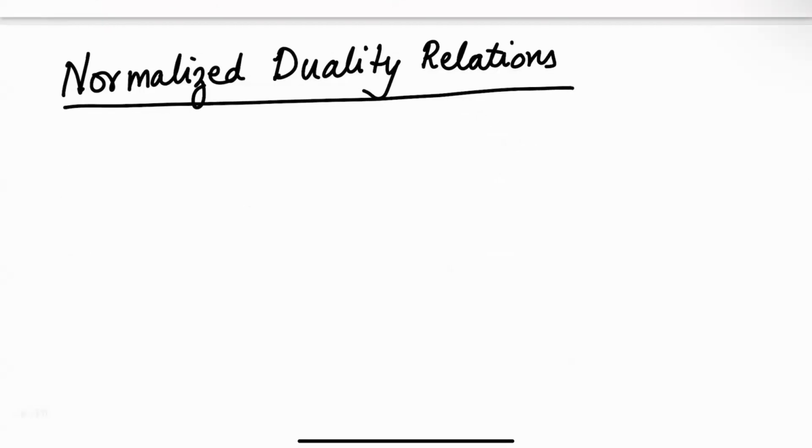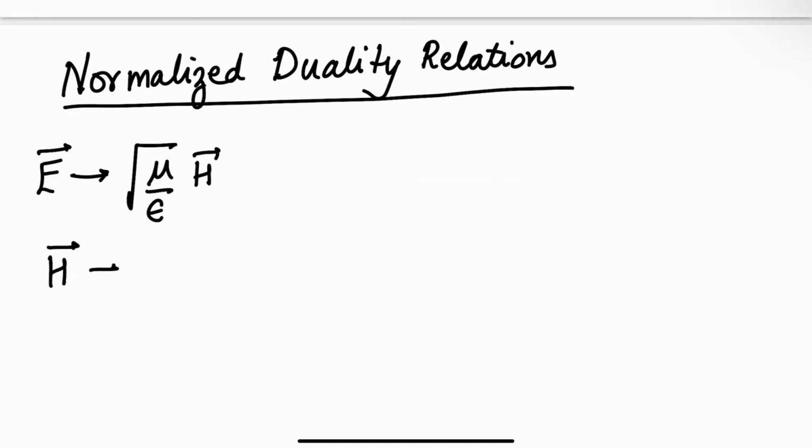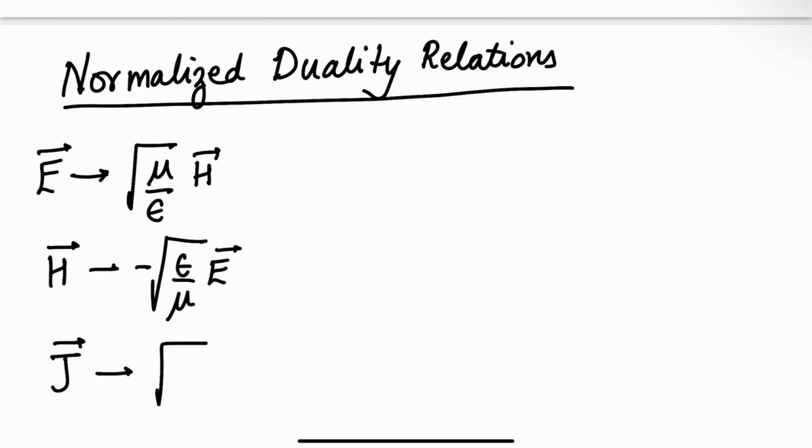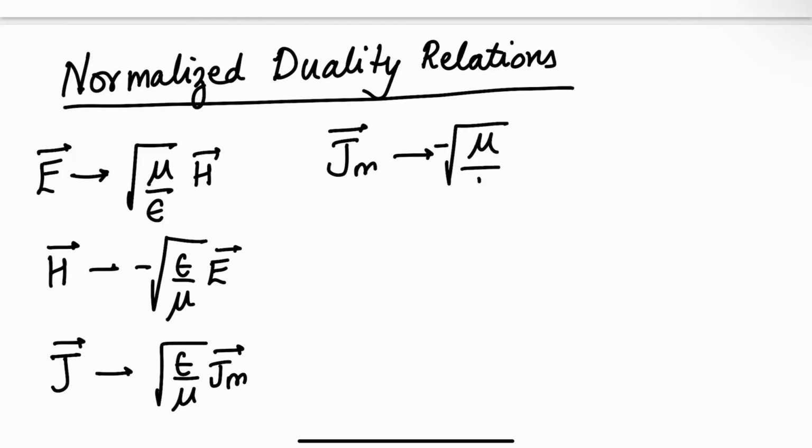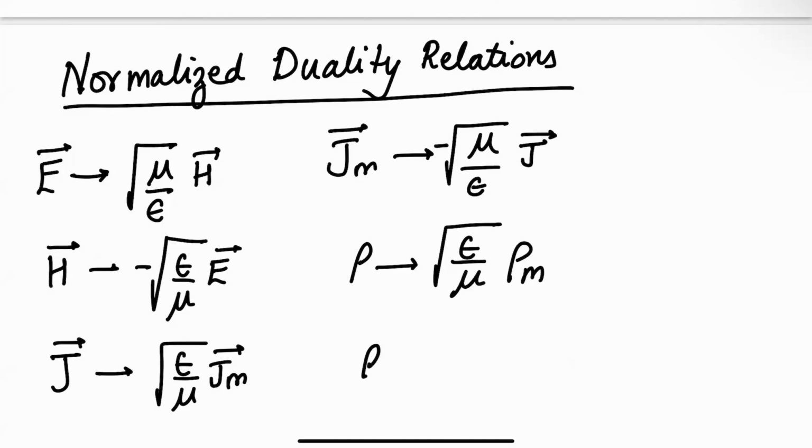You replace E with square root of mu over epsilon H, H with square root of epsilon over mu E, J with square root of epsilon over mu Jm, Jm with minus square root of mu over epsilon J, rho with square root of epsilon over mu rho m, and rho m with minus square root of mu over epsilon rho.